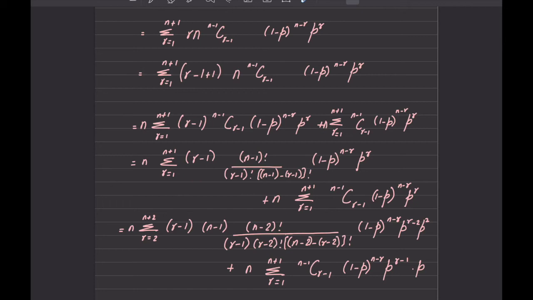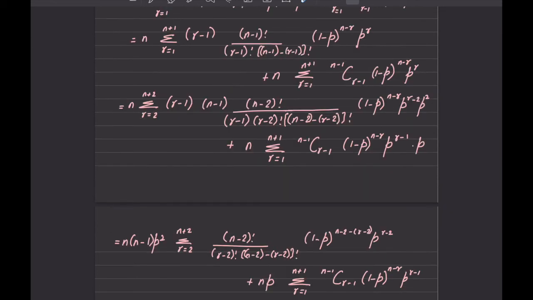In the next step, I can write n minus 1 C r minus 1 as n minus 1 factorial upon r minus 1 factorial times n minus 1 minus r minus 1 factorial. The rest of the factors are being copied as it is. I can rewrite n minus 1 factorial as n minus 1 into n minus 2 factorial, and I can rewrite r minus 1 factorial as r minus 1 into r minus 2 factorial. I have rewritten n minus 1 minus r minus 1 as n minus 2 minus r minus 2, which is pretty much the same thing.